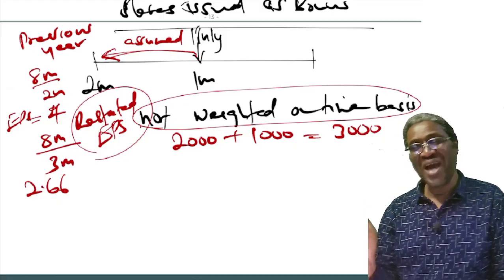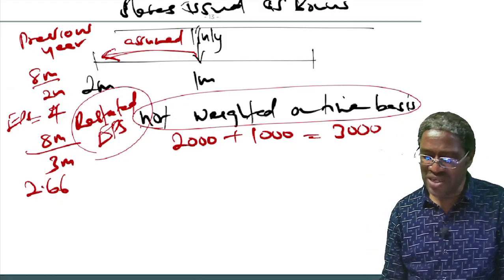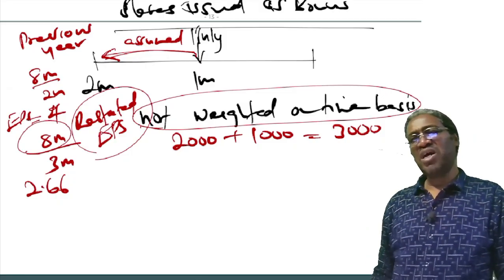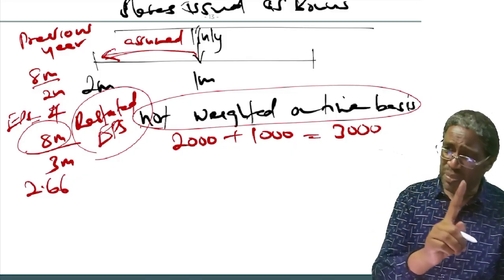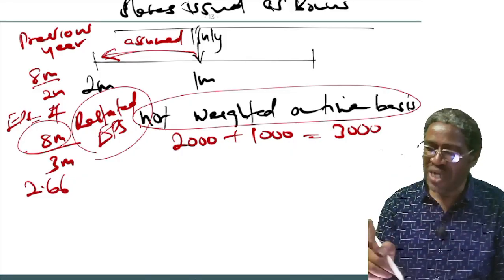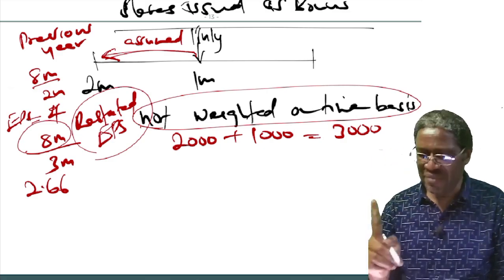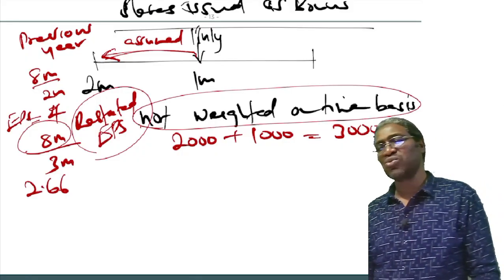How? By dividing the earnings of the previous year by the number of shares in the previous year plus the bonus share element in the current year. In the current year, the bonus share element was 1 million.